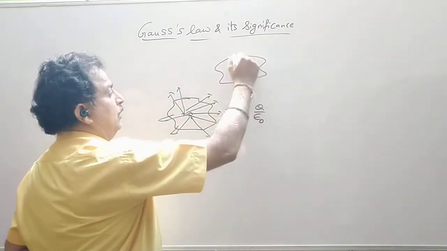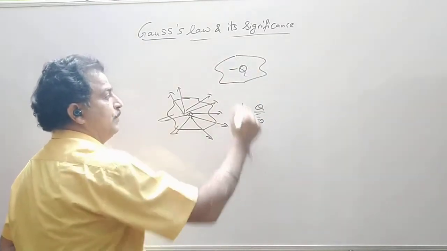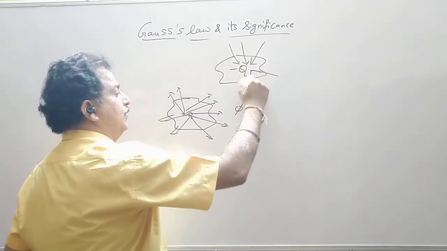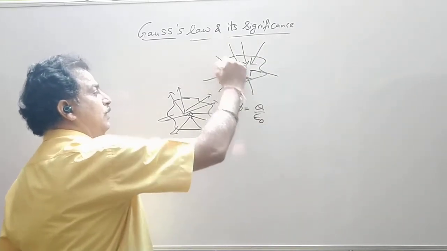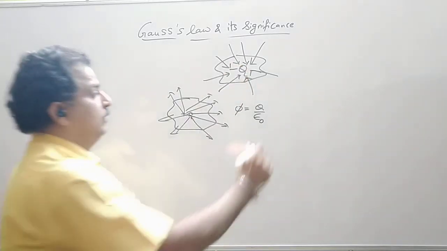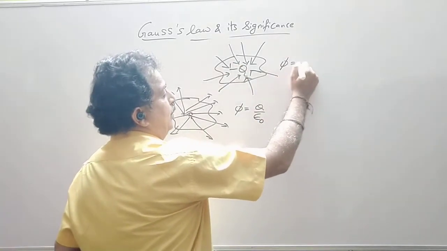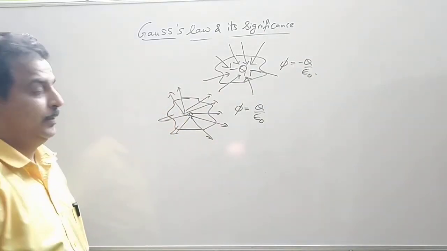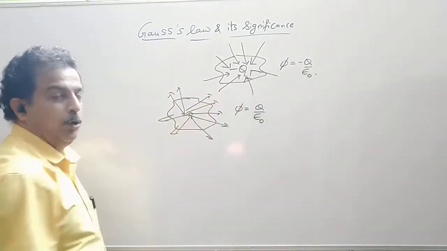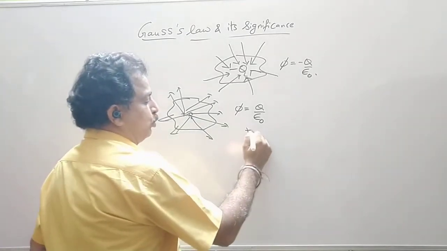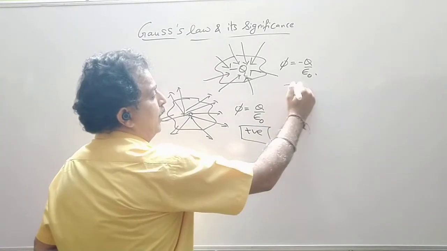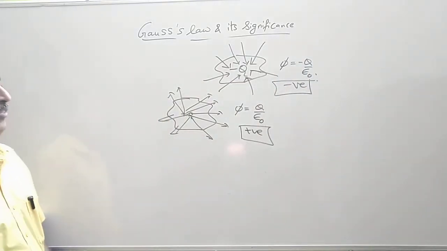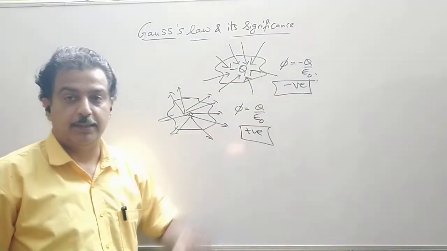If I take minus q, then the field lines are going radially inward. Then the flux will be minus q upon epsilon naught. So if the field lines are emerging outward, the flux comes out to be positive, and if the field lines are radially inward, the flux comes out to be negative.